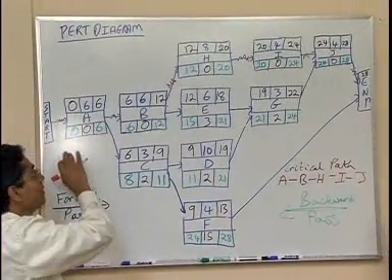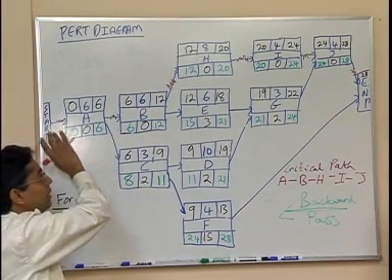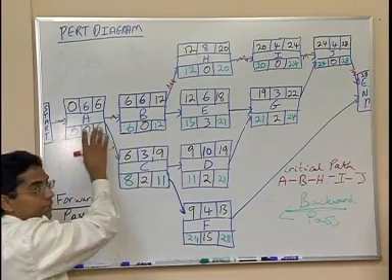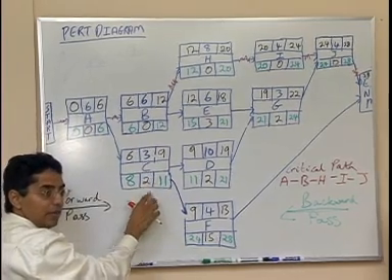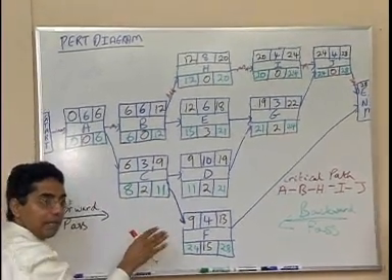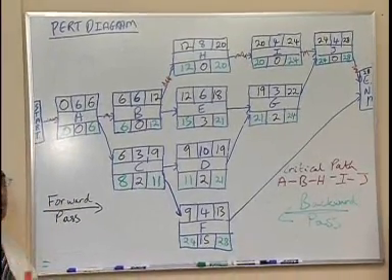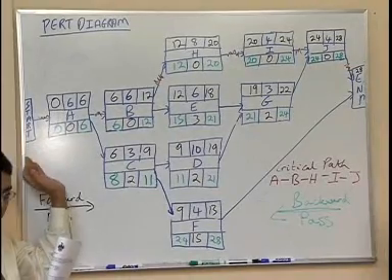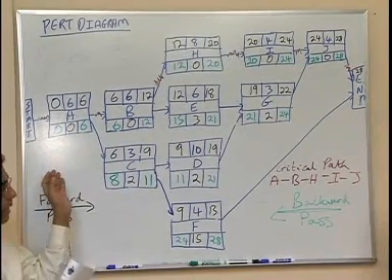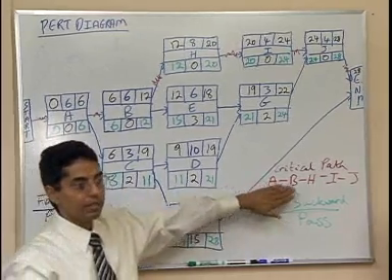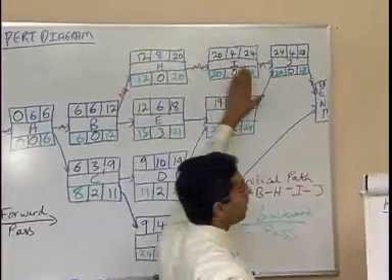Come back again, start again, but then instead of following the B path, you would follow A, then C, because if C also had 0, then you follow that path. That is for projects that have more than one critical path. You have to rework it from beginning to end for the second critical path. In this case, we only have one critical path, which is A, B, H, I, and J.